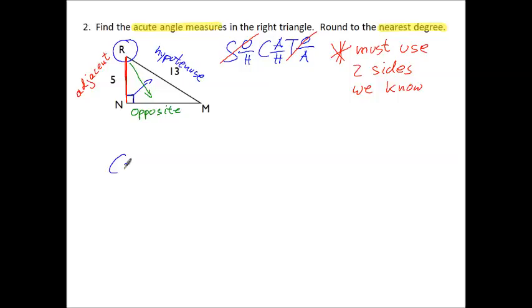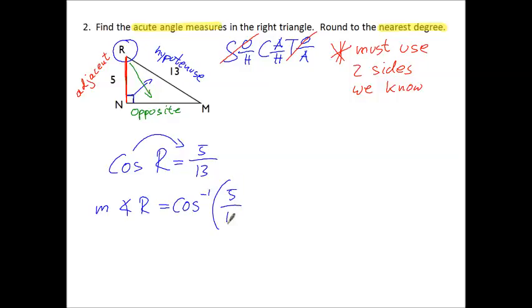So the cosine of angle R is equal to the adjacent, which is 5 over the hypotenuse, 5 over 13. And we can calculate that ratio, but we don't really need to, because what we want is the measurement of the angle. So the measurement of angle R is, after we have moved our cosine and turned it into the inverse function, the inverse cosine of 5 over 13.